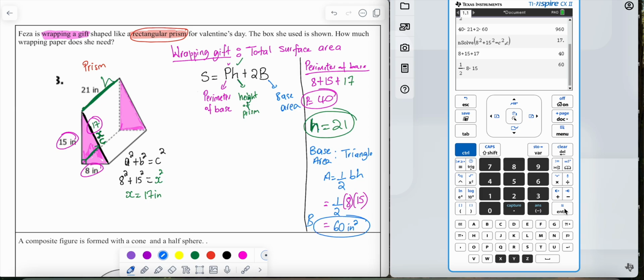So now we have everything. I'm going to go back and substitute those values in our formula. The formula says S equals P, which is the perimeter, and we know the perimeter is 40, times the height.